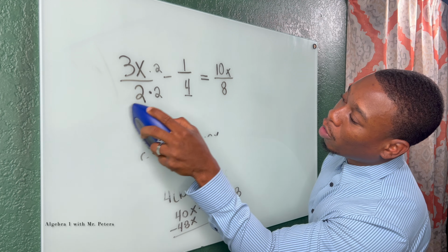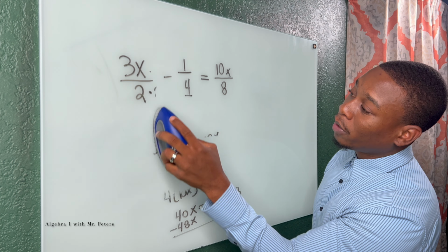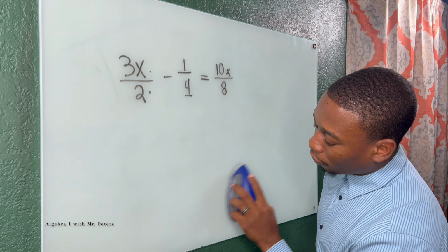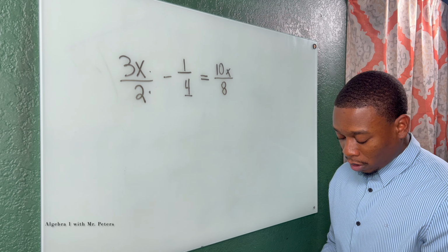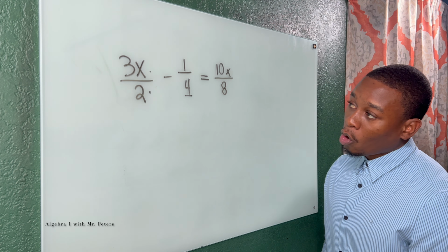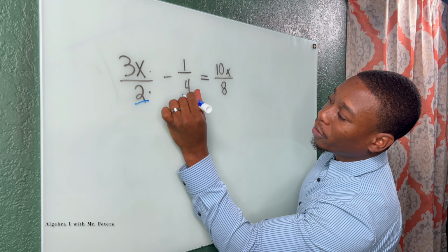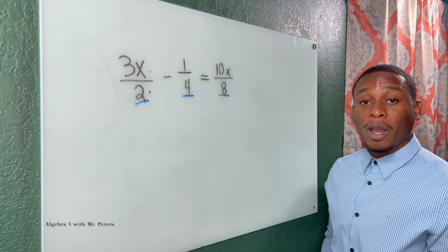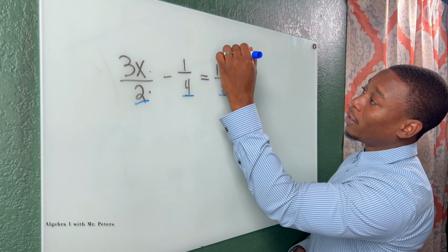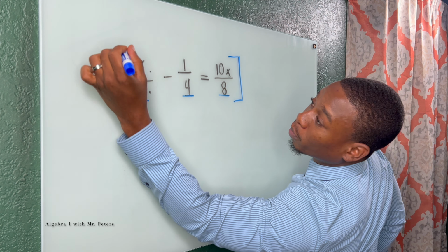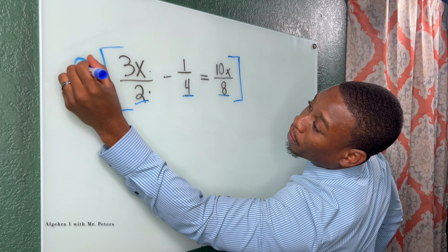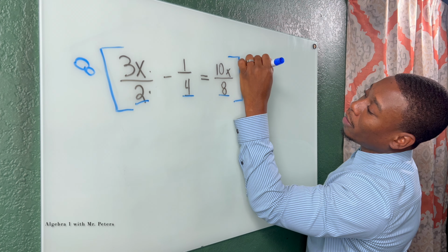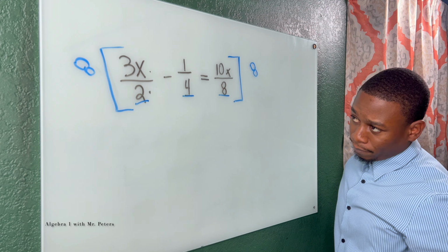So this second method, remember, what we're going to do is eliminate the fraction entirely. And how would I do that? Well, when we look at all three of these denominators, they have a common denominator of 8, the least common multiple. So if I multiply this side by 8 and this side by 8, what would I get?